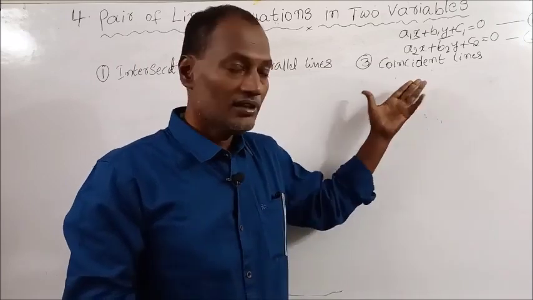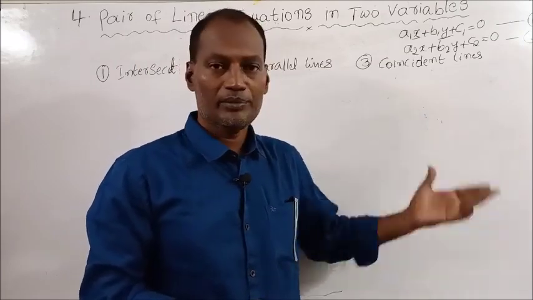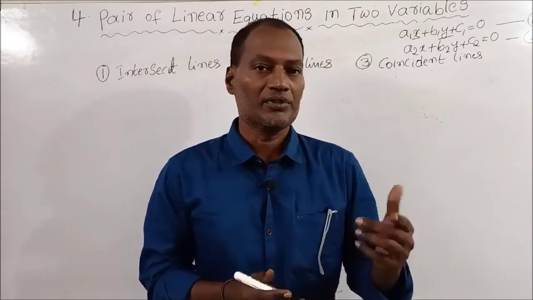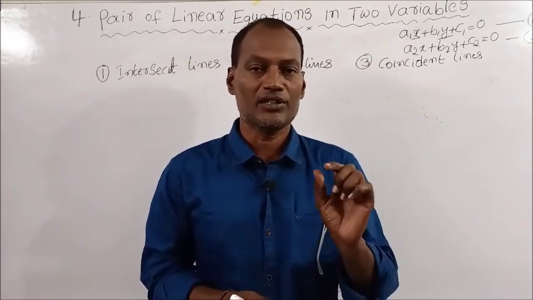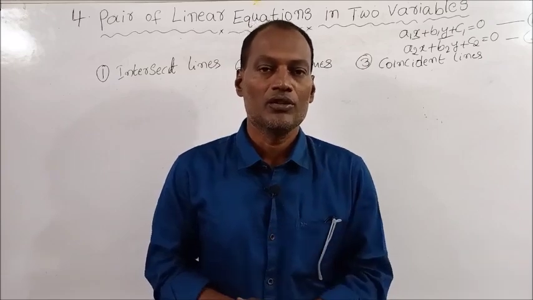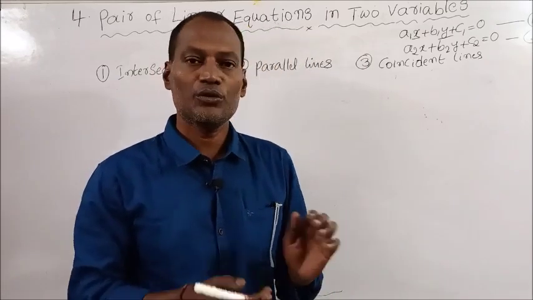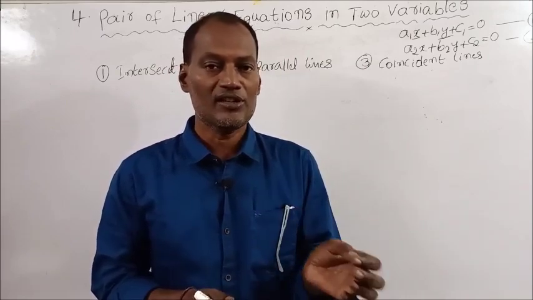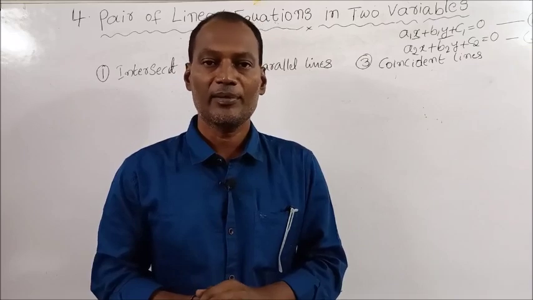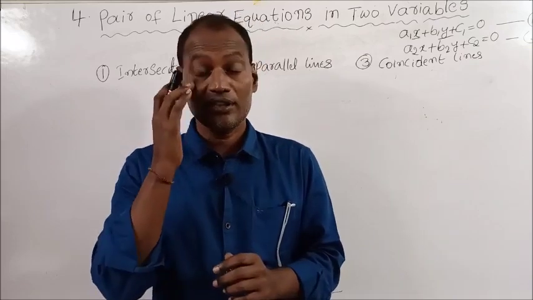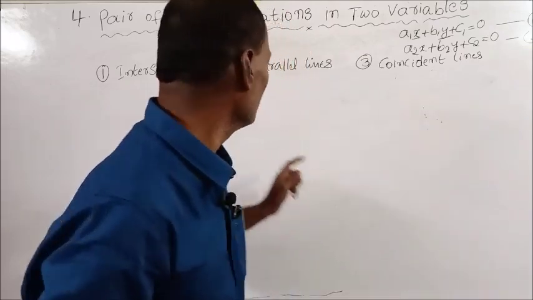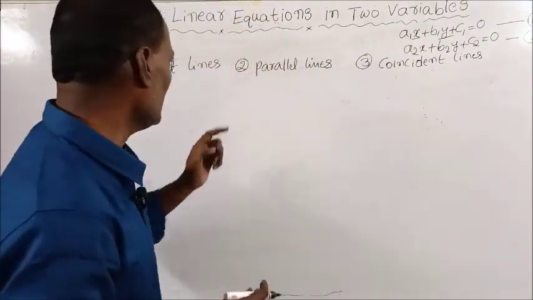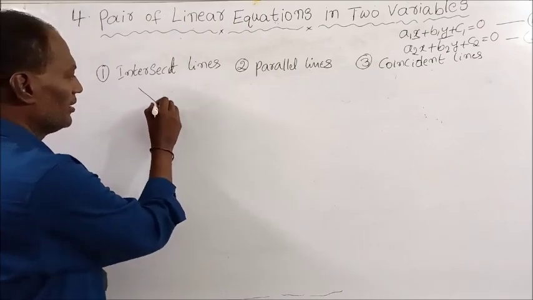In these three, how can you find which one it is? If in an exam you are solving a question, how do you find whether it is intersecting, coincident, or parallel? There are three things to remember. One is intersecting. How can you represent intersecting lines?